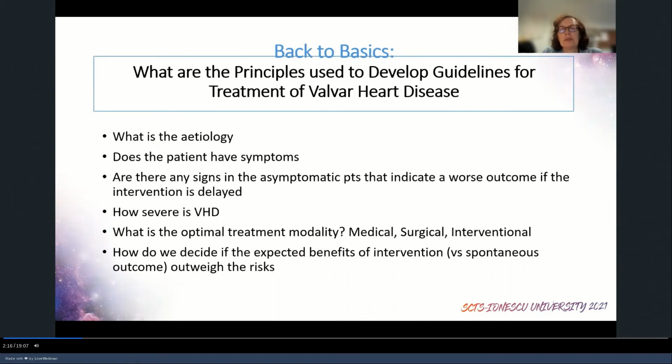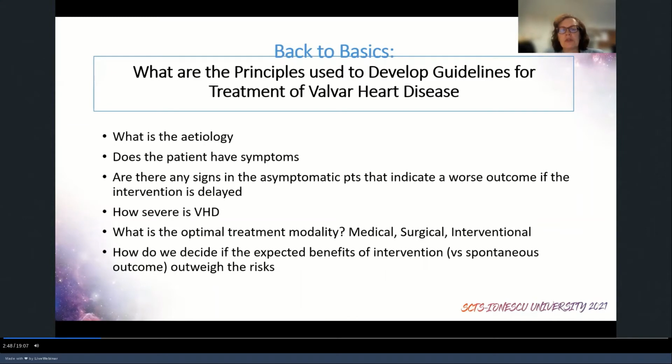So in the absence of guidelines, we have to go back to basics and ask what are actually the principles used to develop the guidelines in the first place. For this, we need to know the etiology, and as surgical intervention aims to relieve either symptoms or improve longevity, we need to know what the symptoms are of the patients, and also if there are any other signs other than symptoms that may indicate a worse outcome.